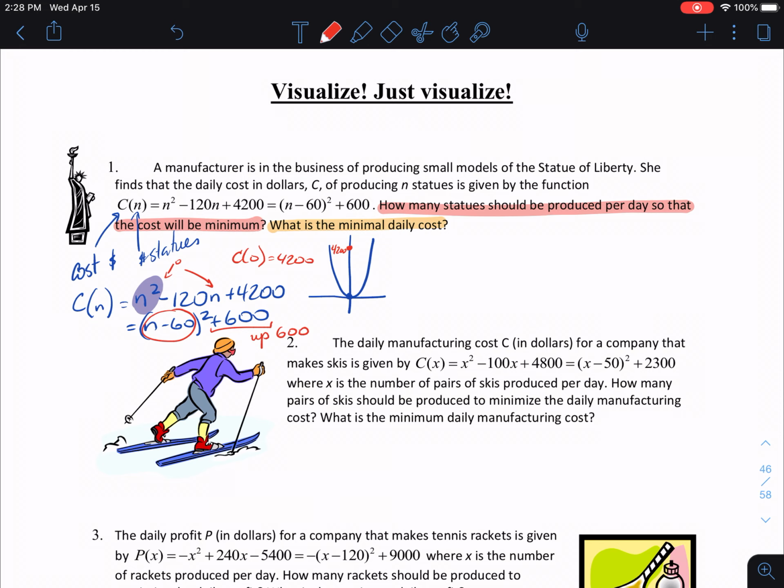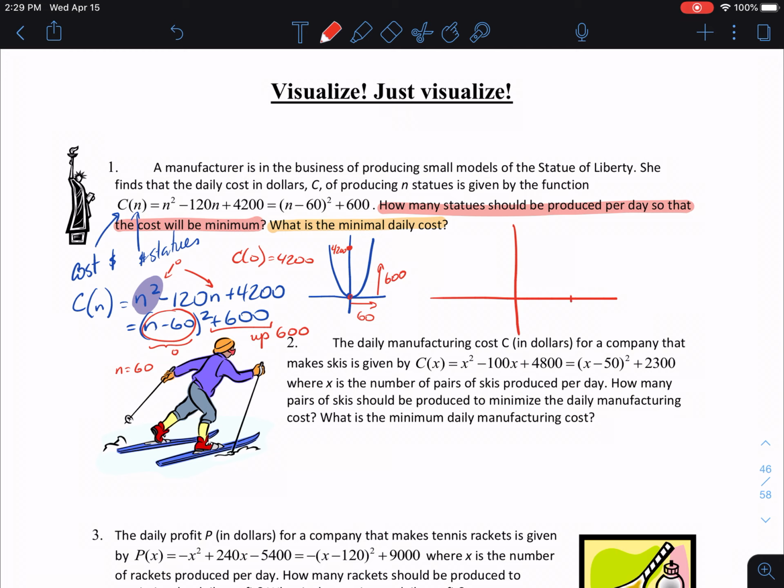And we're going to be squaring 0 when n equals 60. So that's very interesting. The vertex here is going to move 60 over to the right and 600 up. So let's draw our actual function for C.